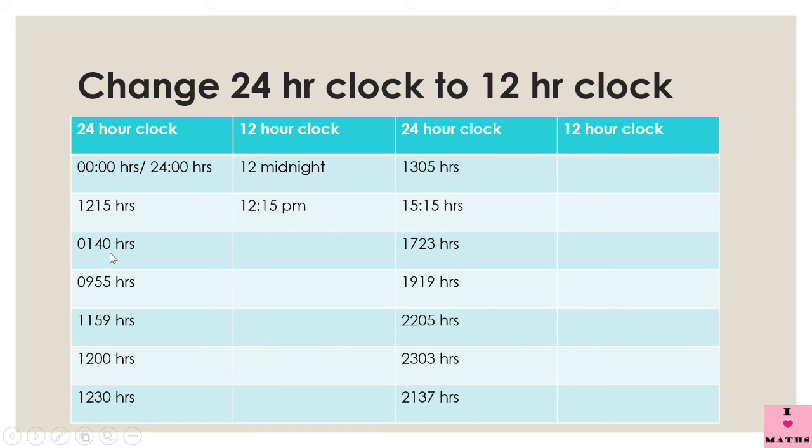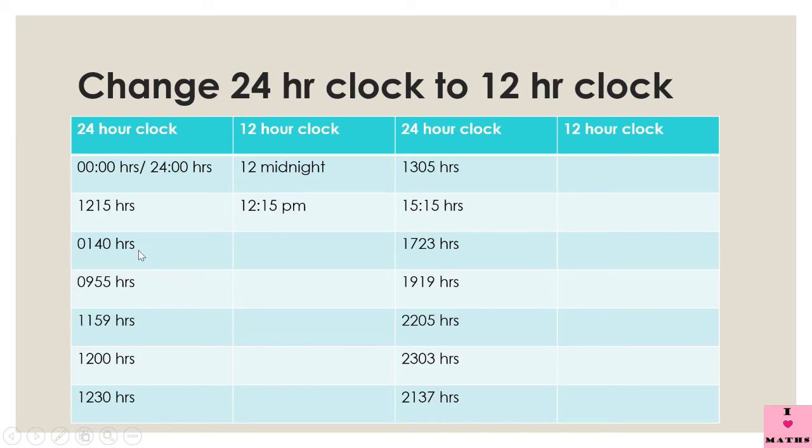Now 0140 hours. This shows that 1 hour and 40 minutes have passed since the day started. And you know that from 12 midnight to 12 noon we write AM.